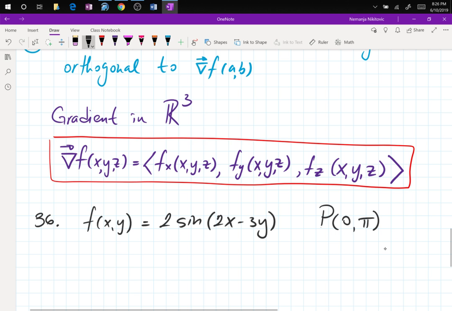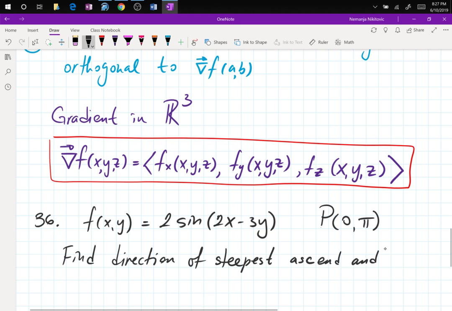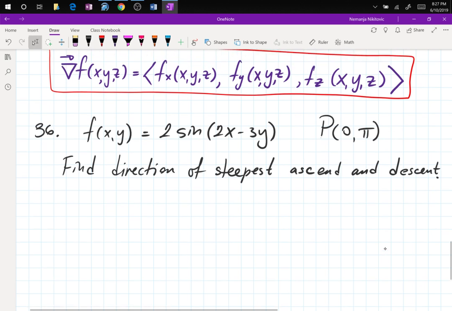We're looking for the steepest ascent and descent. Find directions of steepest ascent and descent. Well, we start with figuring out our partial derivatives of f.